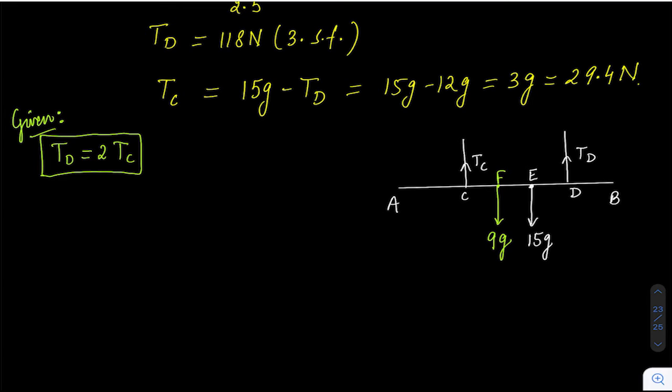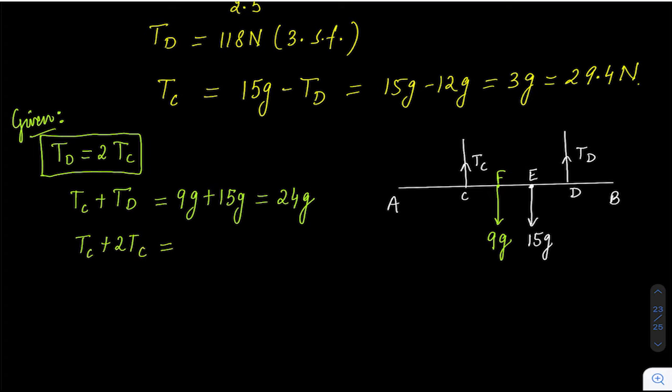Now, if this rod is in equilibrium, we can say that tension at C plus tension at D will be equal to 9G plus 15G, which is 24G, right? So upward forces will be equal to downward forces because it is in equilibrium. And we know that tension at D is 2 times tension at C. So this becomes tension at C plus 2 times tension at C equals 24G.